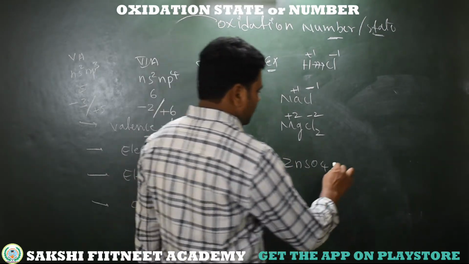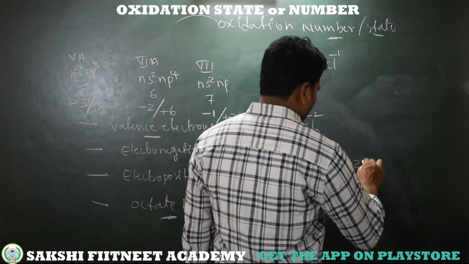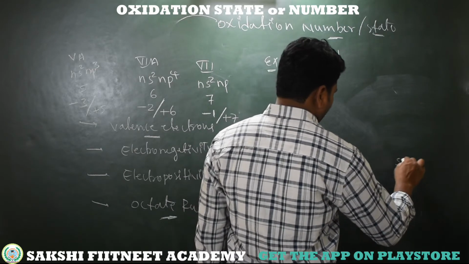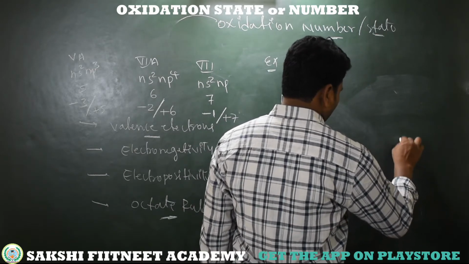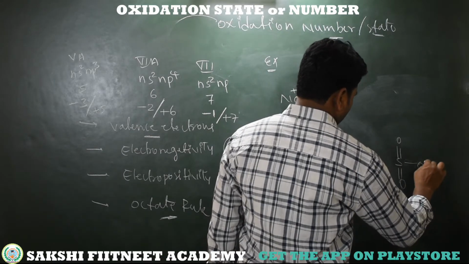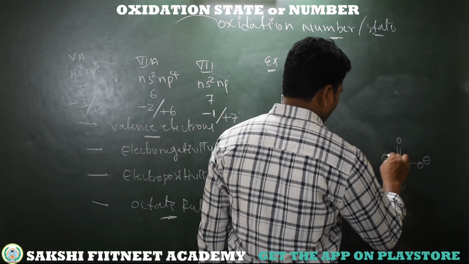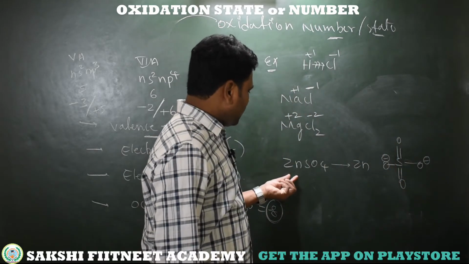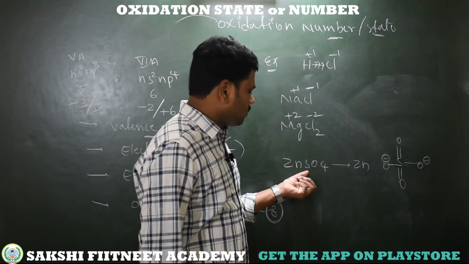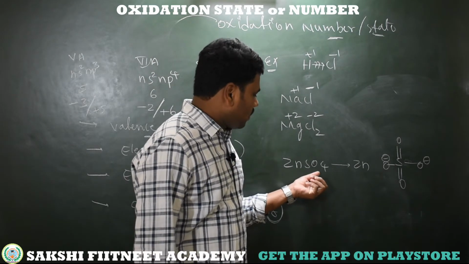To understand clearly, I am just decomposing zinc and SO4. See here, this is a compound SO4. Zinc, sulfur. Sulfur belongs to the 6th group. Actually, the sulfur is bonded to oxygen.